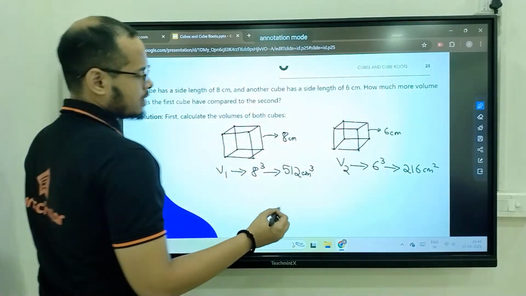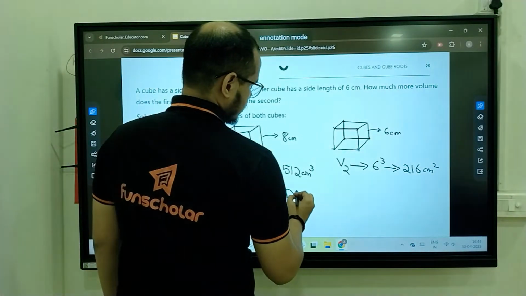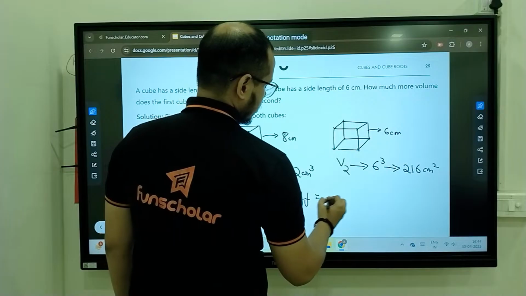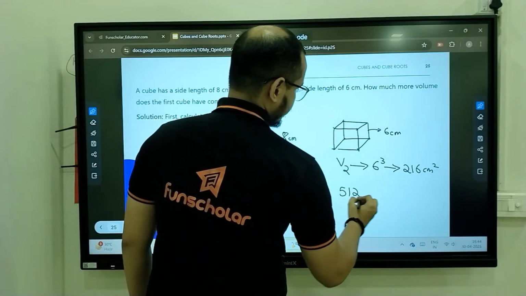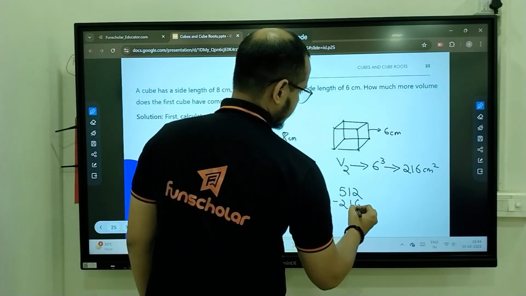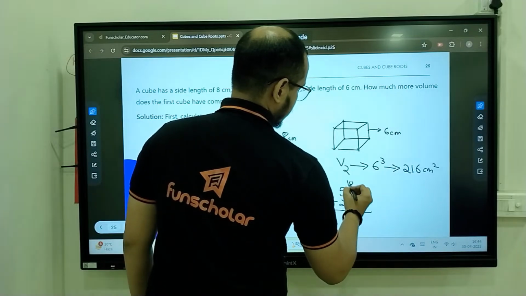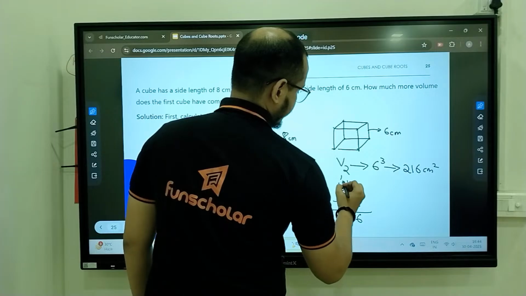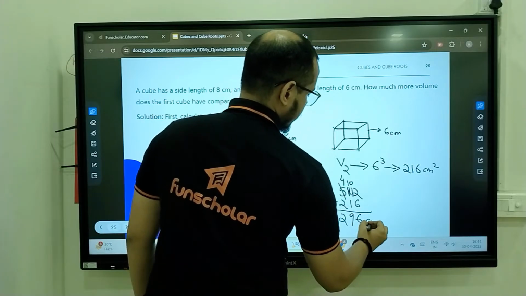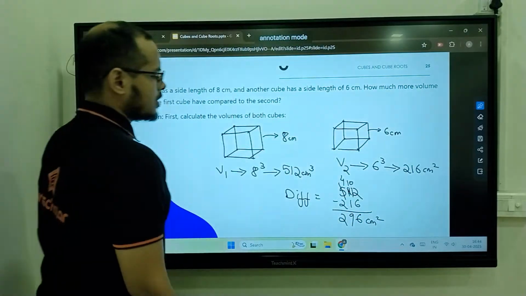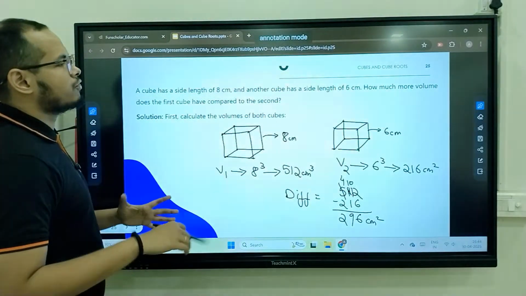So we have to find the difference. So difference is going to be 512 minus 216, which is 296 centimeter cube. So this is how much more volume it is.